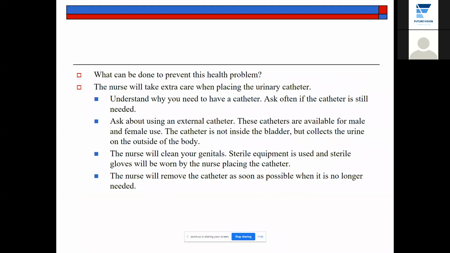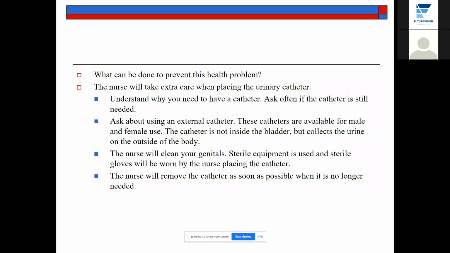Now what can we do to understand or to avoid the problem? First of all we need to understand why you need a Foley's catheter. In your opinion, do we put a Foley's catheter for every patient who comes? Of course not. Not all patients get a Foley's catheter. There are patients who really need it.